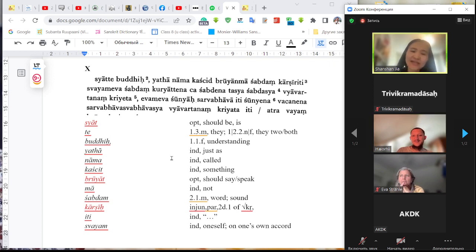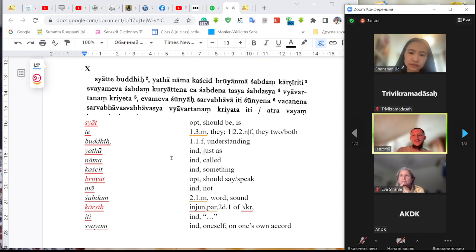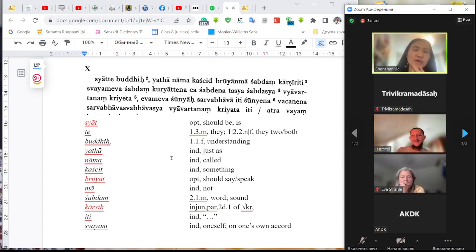Once again, we have to go back to this ma shabdavat. So ma shabdavat, how do we translate it literally? So don't be noisy. Then you are taking it as an adjective.